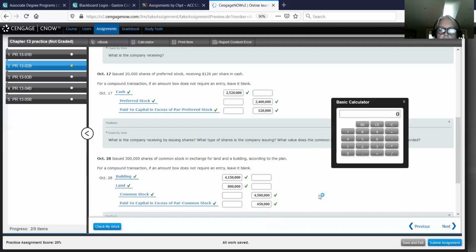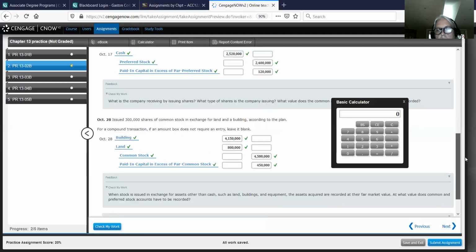It all works out to be the same. So what we ended up doing was balancing this transaction with the plug figure. So you added up both debits and subtracted the credit you knew about, and the remaining part would have been $450,000.